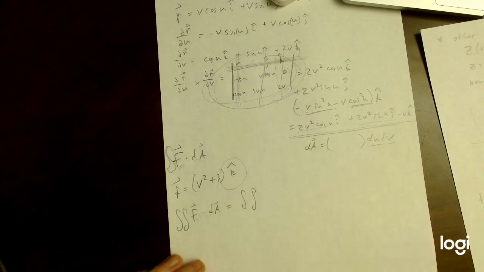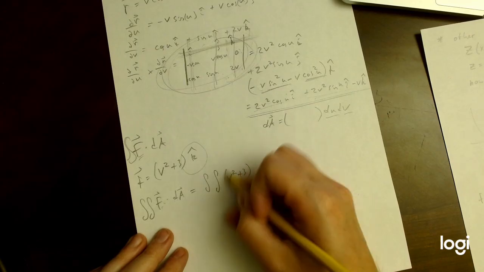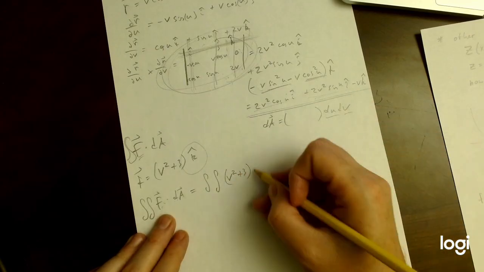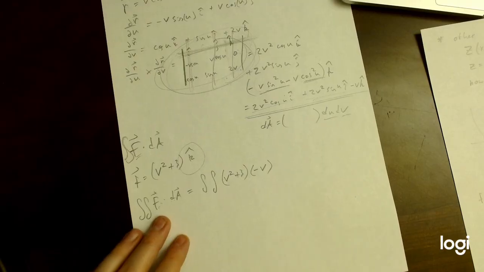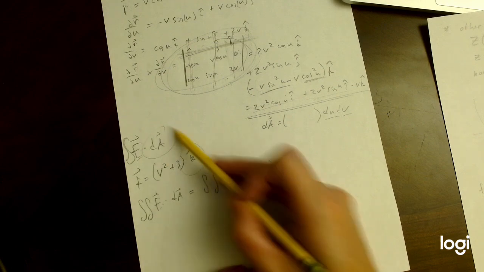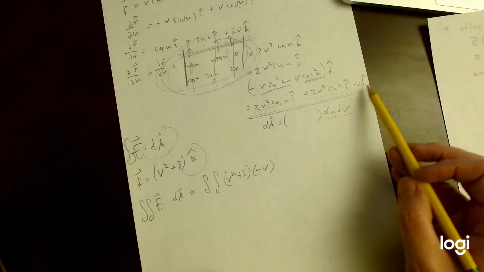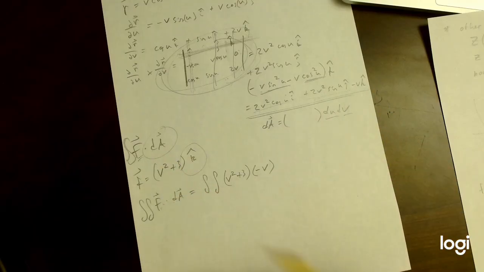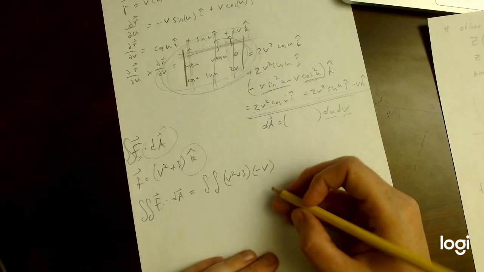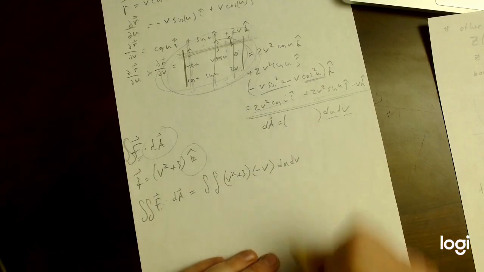Here we're integrating over u and v. And then I've got my f, which is going to be v squared plus 3, dotted with just a minus v, which is the only thing that we get from this dA, because we're only taking the component of the area vector that points in the direction of the vector field F. And this is just du dv.